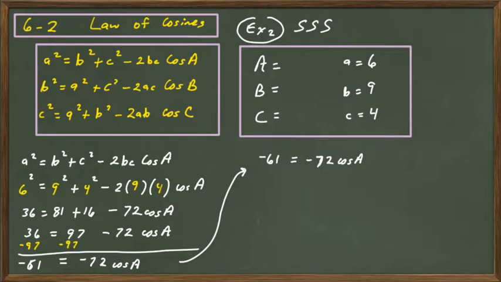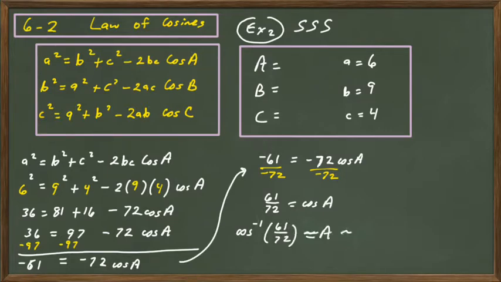And then I would divide by negative 72 to isolate the variable. A negative divided by a negative is a positive. And how do I get rid of the cosine? Take the arc cosine, and hopefully that'll give me A and what it approximately is.